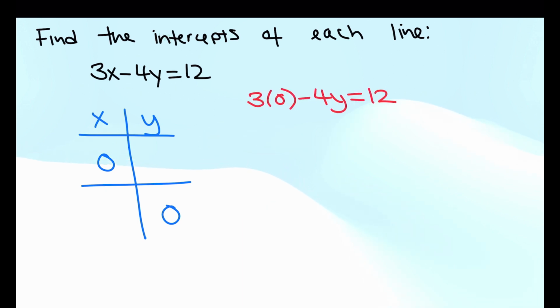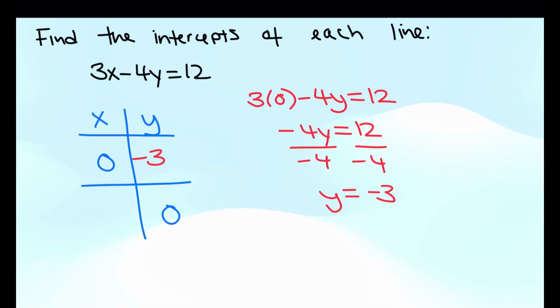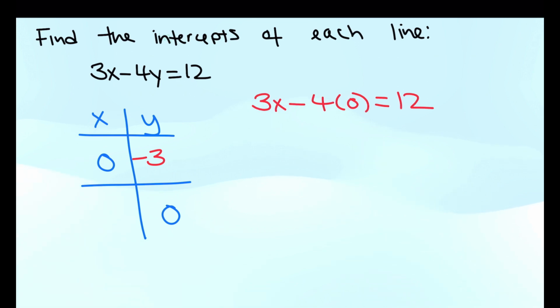So I'm going to start by plugging in 0 for x. 3 times 0 minus 4y equals 12. That's minus 4y equals 12. Divide by minus 4, so y is negative 3. We solve for y, so this is our y-intercept.